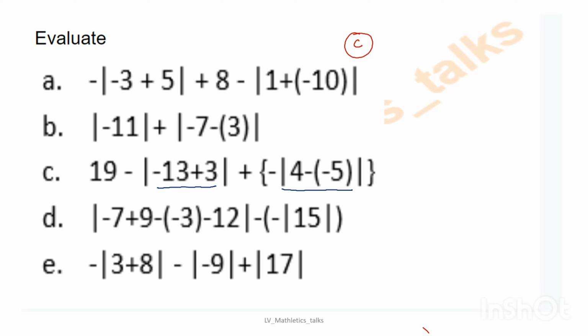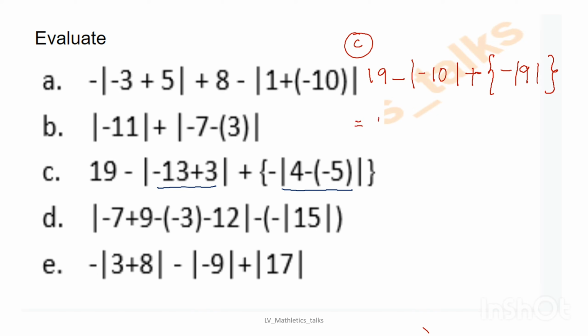So following that rule, let us write it as 19 minus, what is absolute value of minus 13 plus 3? Minus 13 plus 3 will give you minus 10, plus, and what is inside the bracket? Okay, I'll put the curly bracket there, minus of 4 plus 5, that is 9, and that is inside the pair of vertical bars.